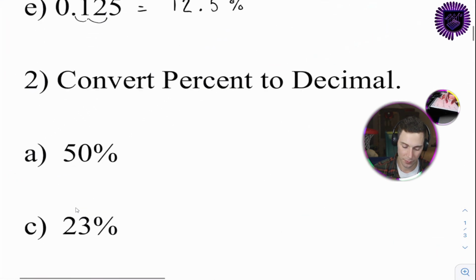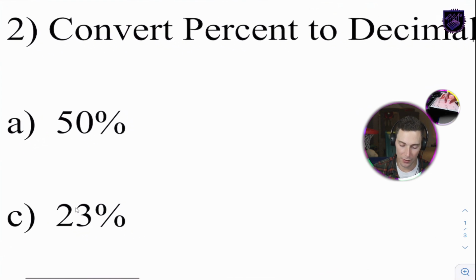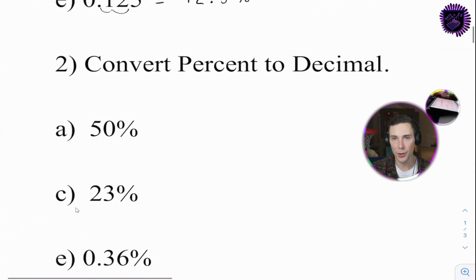Now, this one, converting a percent to a decimal, we're going the opposite way now. We're going from hundredths, 50 out of 100, right? 50%. And now we need to move backwards to a decimal. So instead of multiplying by 100, we're going to divide by 100.